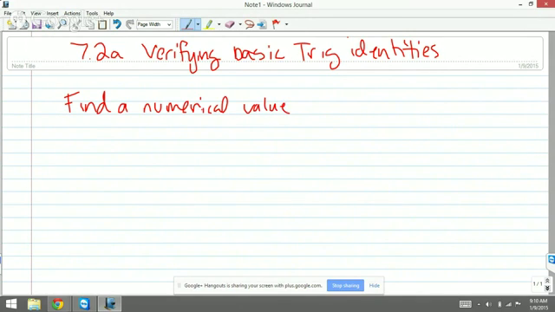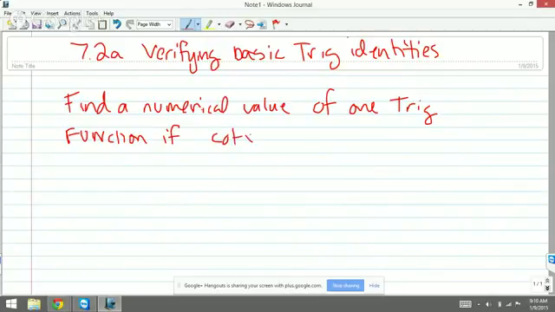In 7.2, find a numerical value of one trig function. Okay, so in 7.1 we were just looking at expressions.